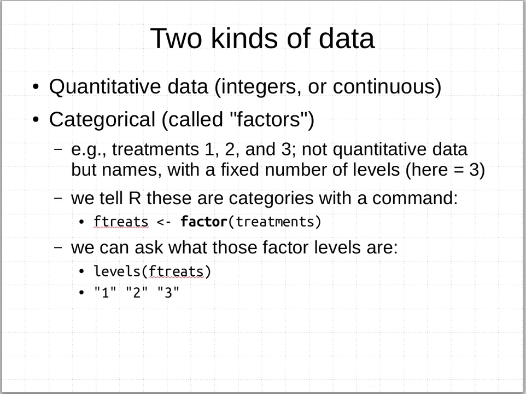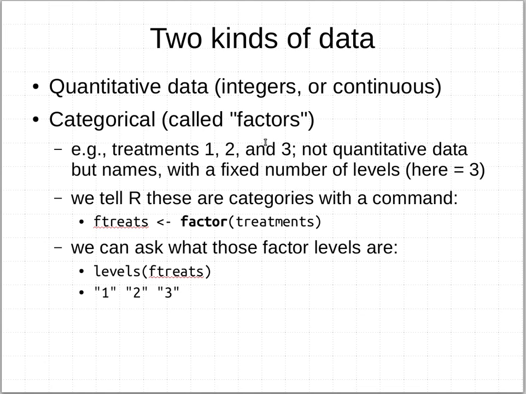But what I really want to zero in on here is the difference between quantitative and categorical data. And this is also something you have to try to avoid some confusion on. So for example, if you had an experiment and you called them treatments 1, 2, and 3, well, that could be confusing if you are importing a column that's called treatments, and the variables in that column are 1, 2, and 3, right?